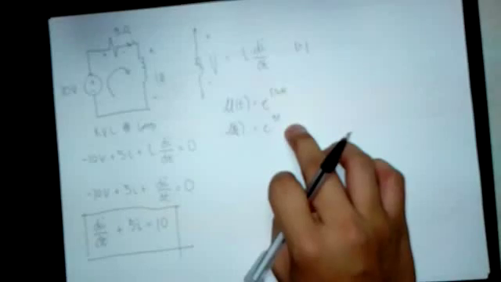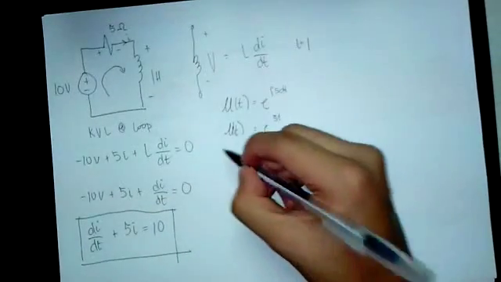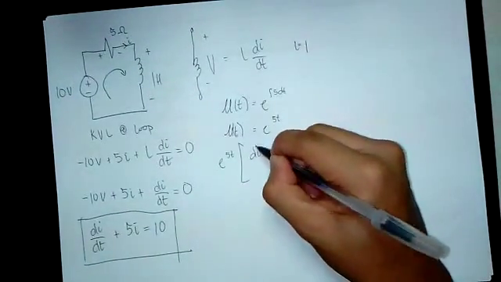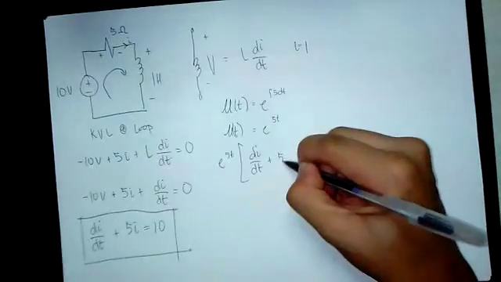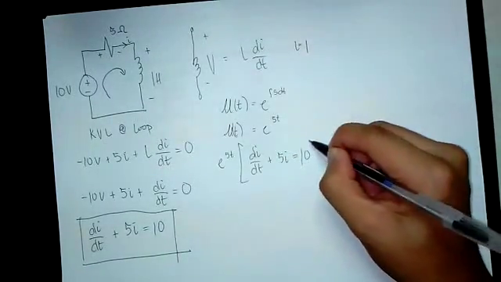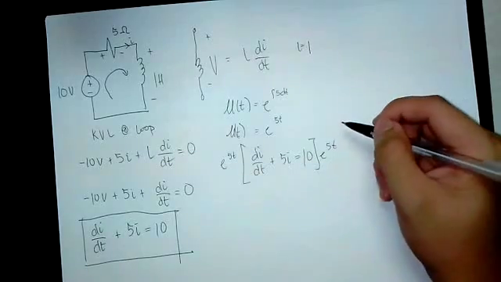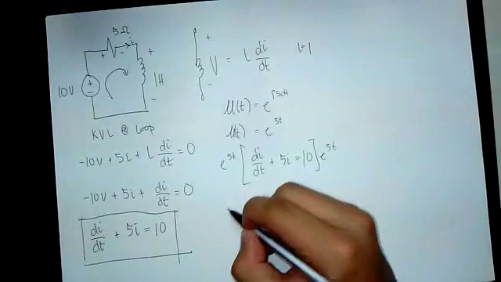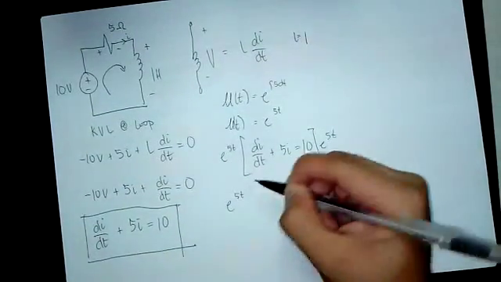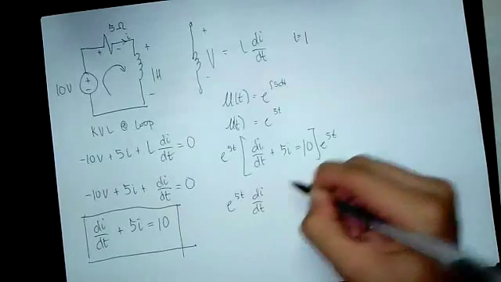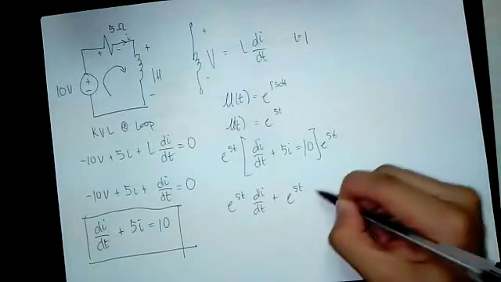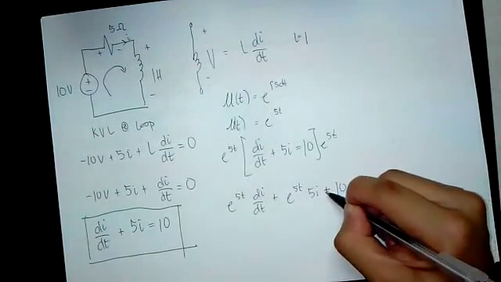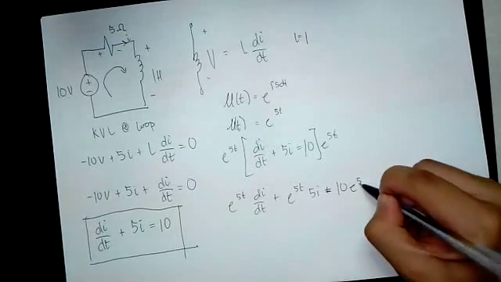Then we multiply this to our differential equation. Now, e to the 5t times di over dt plus 5I equals 10. And we have our new equation, which is e to the 5t di over dt plus e to the 5t times 5I equals 10 e to the 5t.